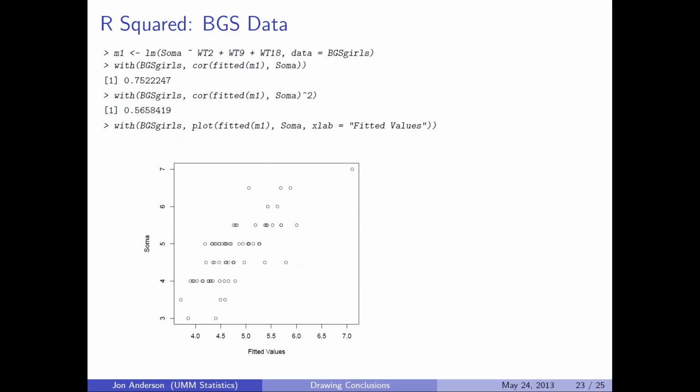And in this particular overhead, you can see that we have a regression model using the weight values to estimate somatotype. And if you plot somatotype against our predicted values, you can see a fairly strong visual representation suggesting that this set of predictors is a pretty strong predictor of somatotype, and that we have a reasonably strong model, but certainly not perfect.